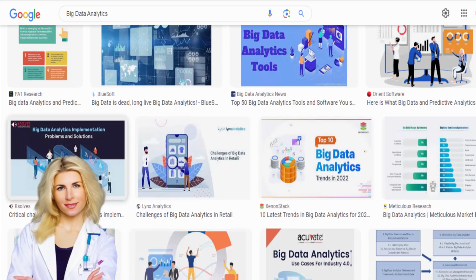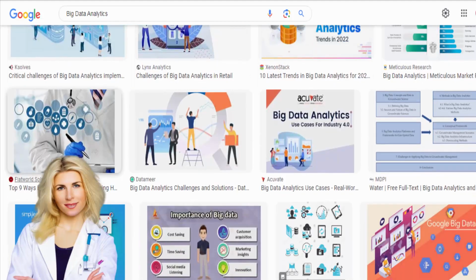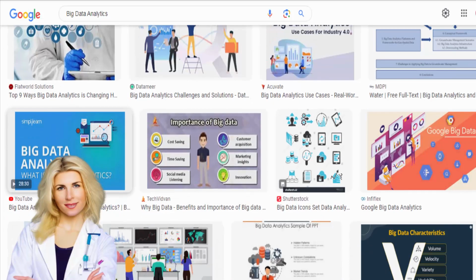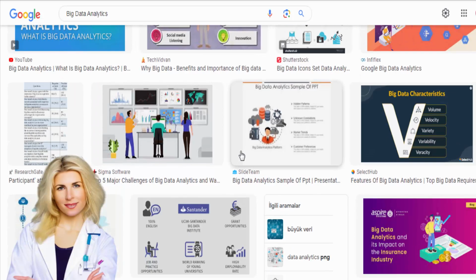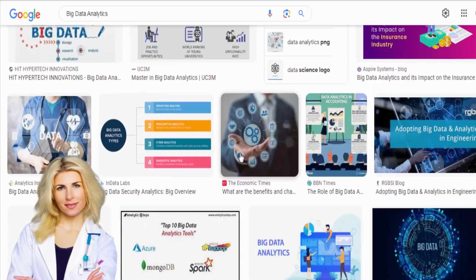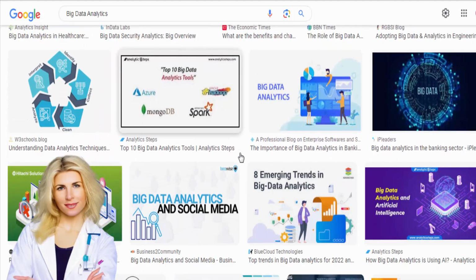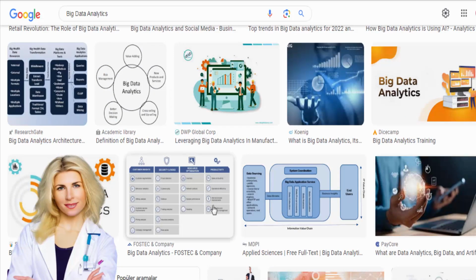Big data analytics has applications in various industries, including business. It can help companies improve customer experience, optimize operations, and make data-driven decisions. Healthcare. Analyzing patient records, medical images, and genomic data can lead to better healthcare outcomes and drug discovery. Finance.